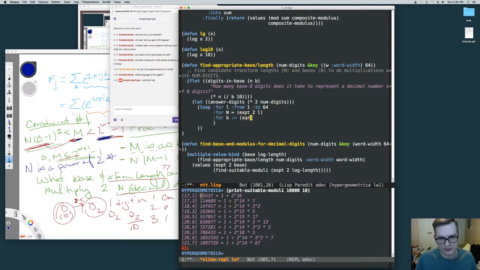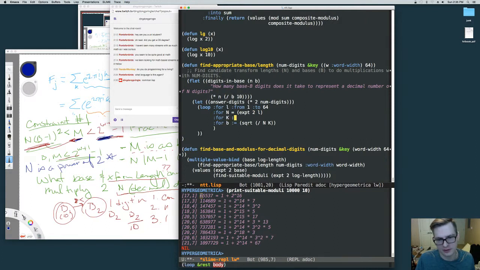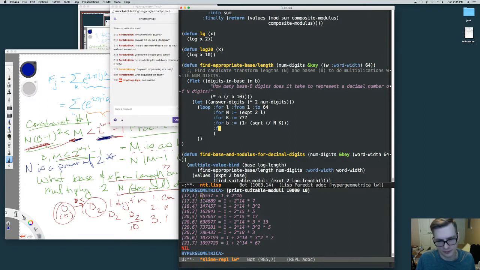So b is the square root of n divided by our k, which I said is k equals question mark, and then plus 1 plus this. So when we have a candidate b and a candidate n, then we want to find a suitable modulus.